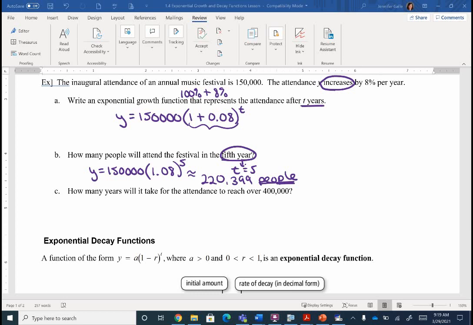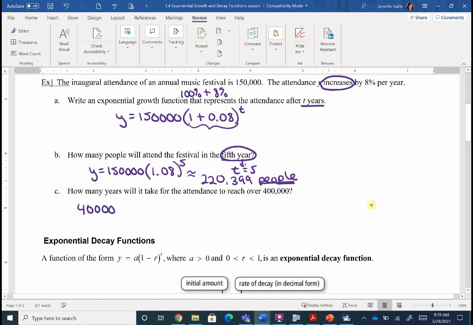So this person's trying to look ahead and say, how many years do I have before we have to think about a different venue? So instead of putting in each year for the time, 1 year, 2 year, 3 year, let's try to project for that total of 400,000. So I want my final amount to be 400,000.